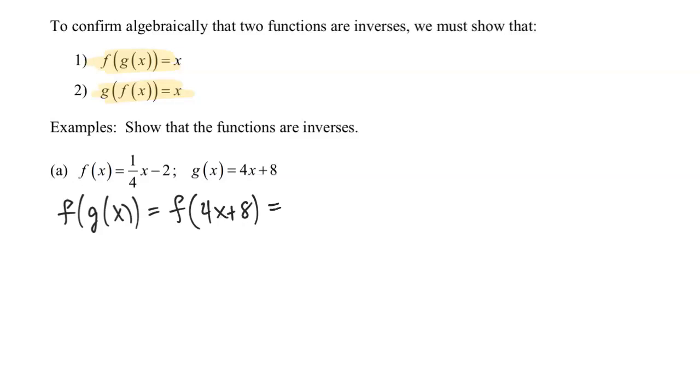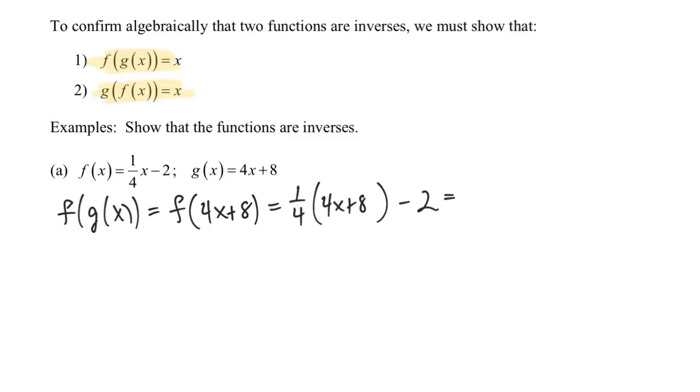And again, remember that that means I'm going to plug 4x plus 8 into my function for f of x. So this is going to be 1/4 of x minus 2, but instead of x, I'm going to put 4x plus 8. And now I'm just going to show that the steps will simplify down to x.